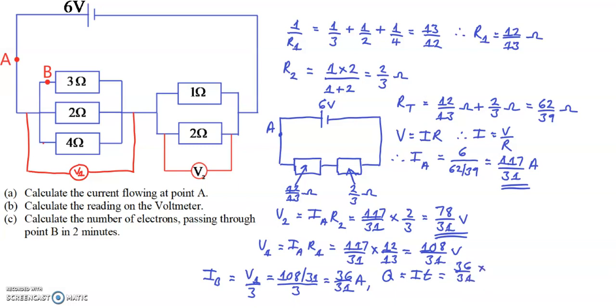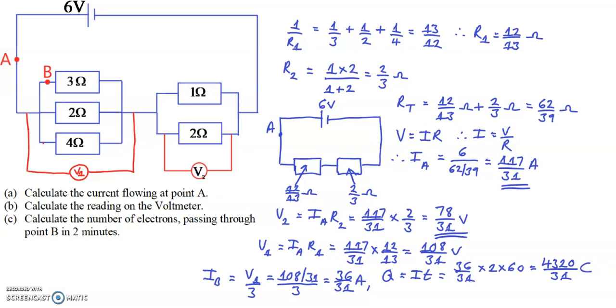That's going to be 2 times 60. So the total charge passing point B in 2 minutes is this amount of charge, and charge is measured in coulombs, capital C.